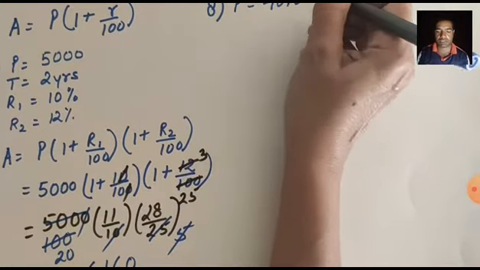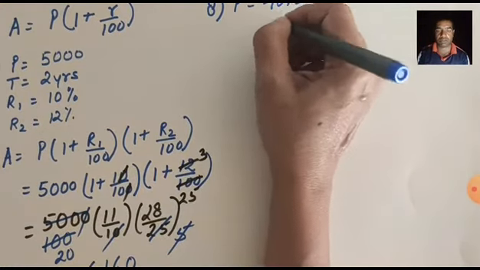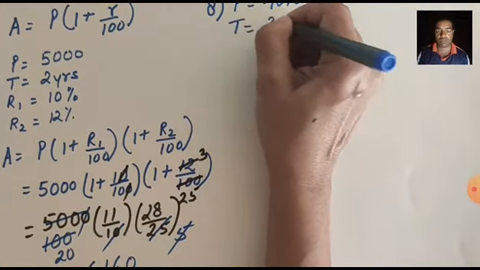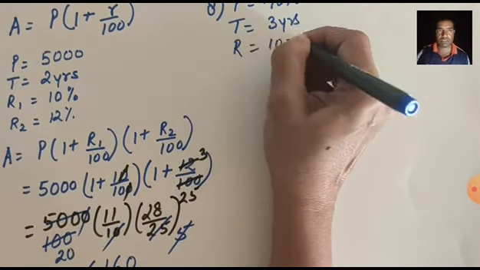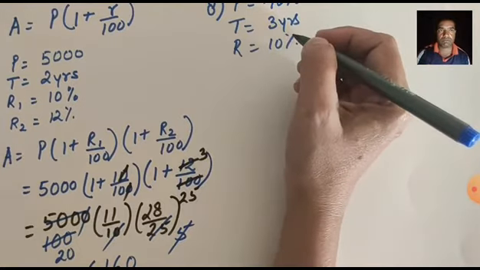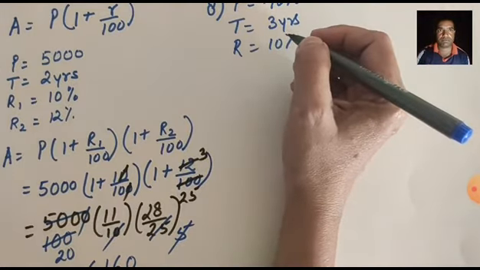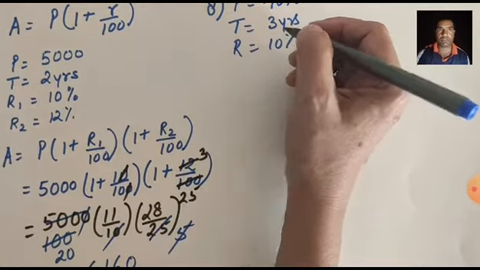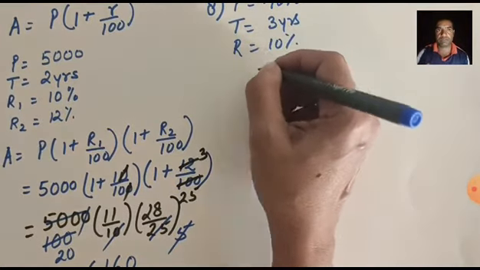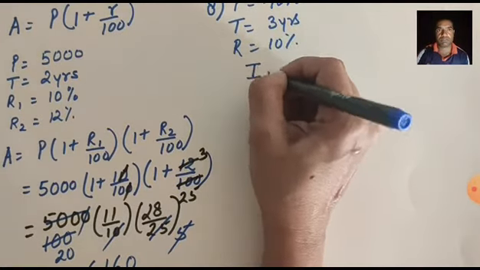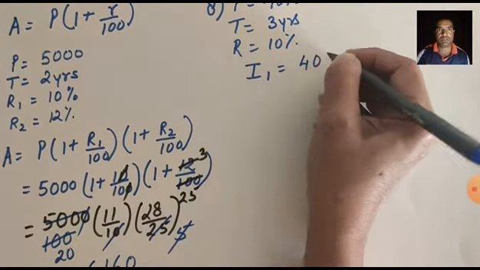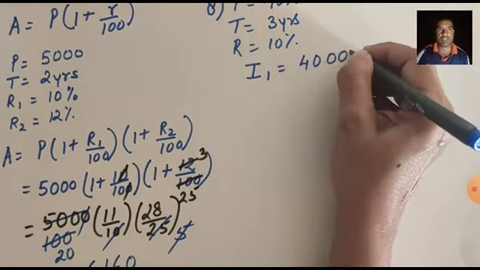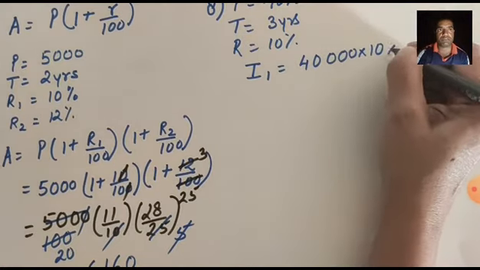Here P is given 40,000, T is given 3 years, and the rate of interest is given 10%. Here we can solve it by two methods: by using the separate years or by using the compound interest formula. Here I1 we are solving by PRT upon 100.